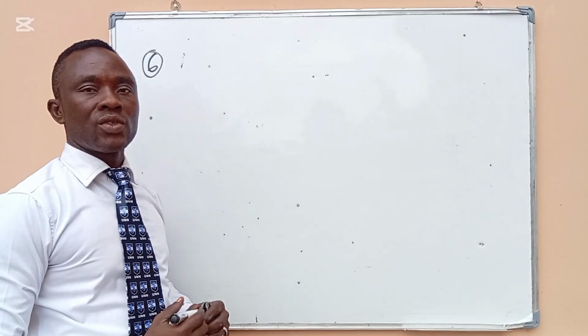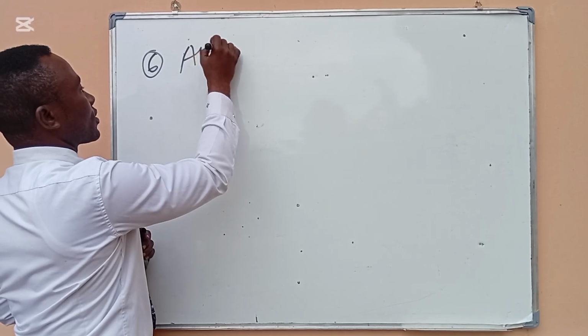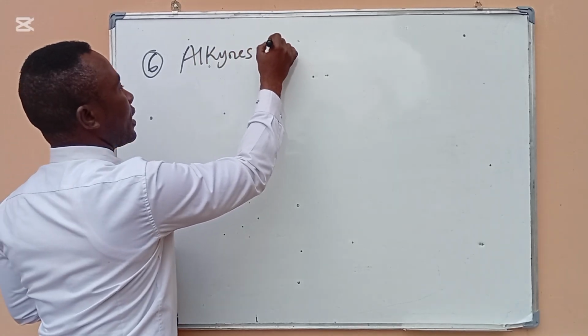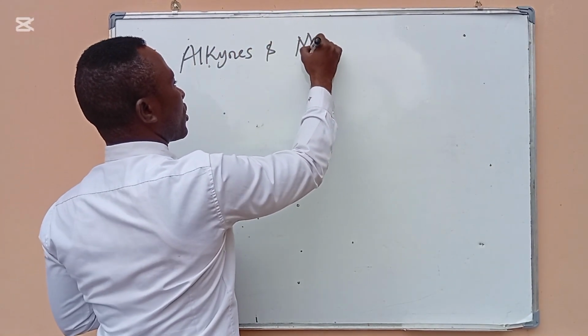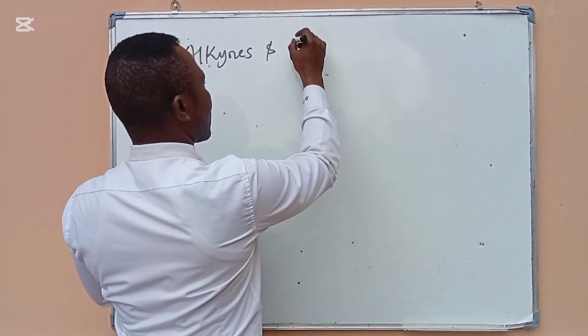So the next reaction is the reaction between alkynes and an acidified solution of KMnO4.